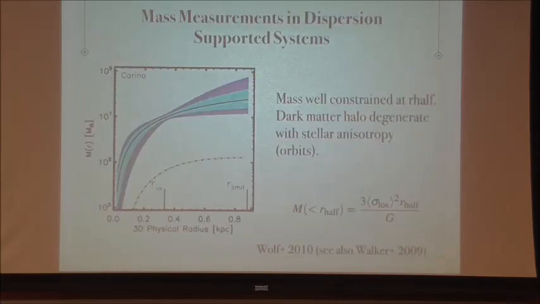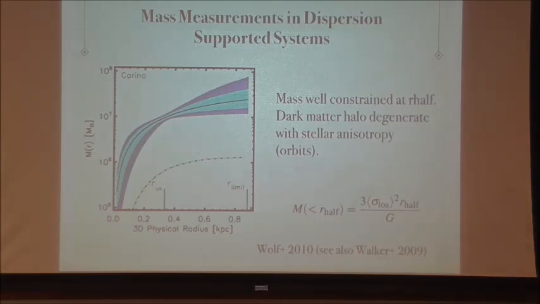Okay. So how do we go about doing mass measurements in these dispersion-supported systems? For all the galaxies I mentioned on the previous slide, we have measurements of line-of-sight velocities of individual stars in the galaxies. These sample sizes span from tens to thousands of stars, and we can make reasonable mass measurements.